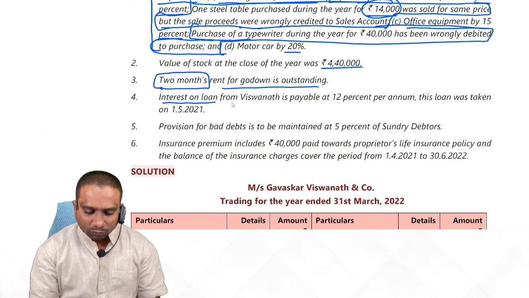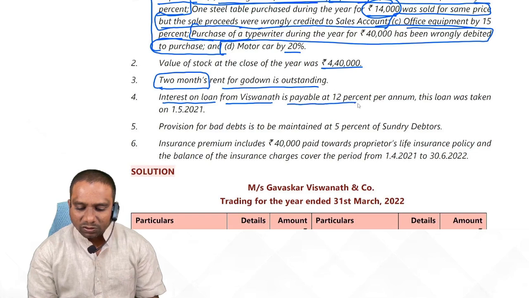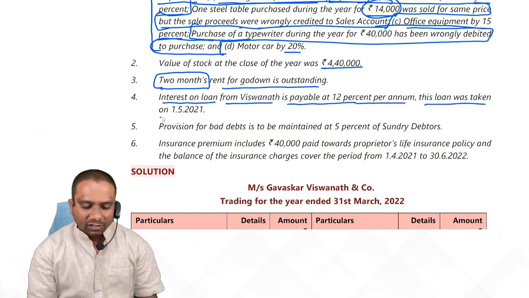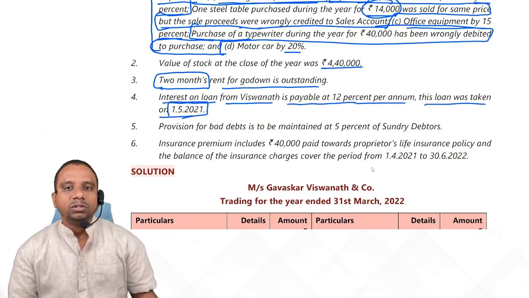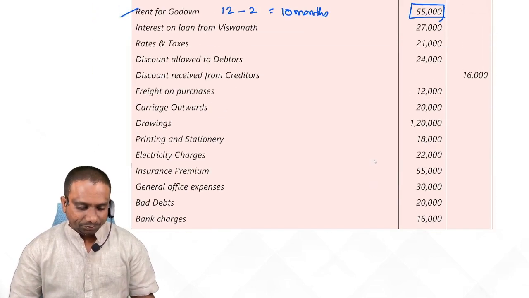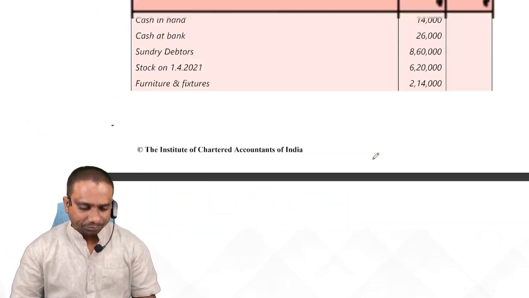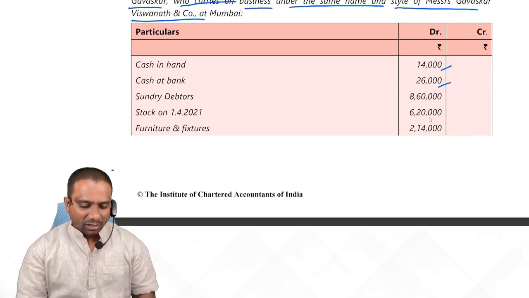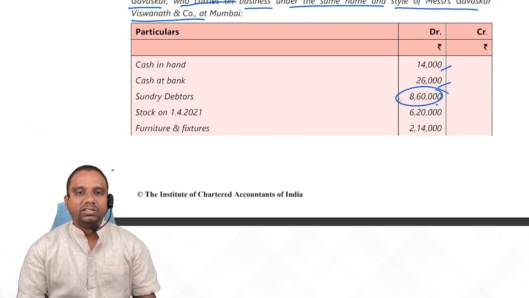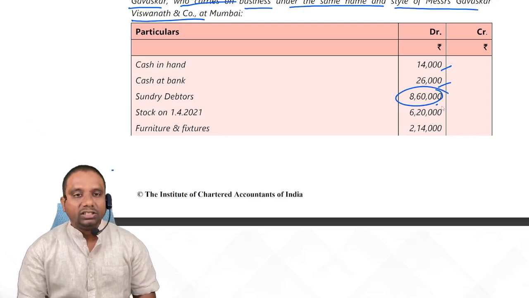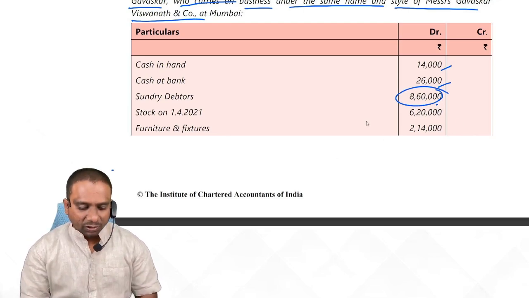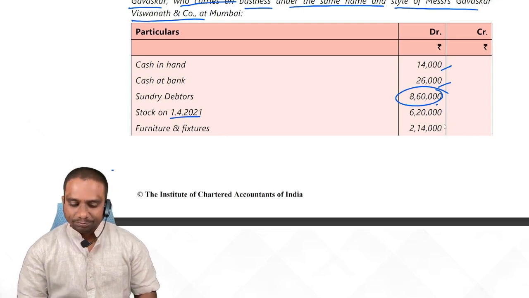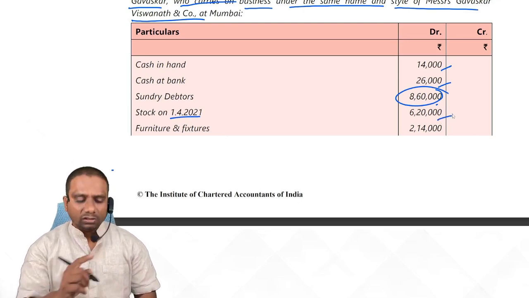Next one. Interest on loan from Vishwanath is payable at 12% per annum. This loan was taken on 1/5/2021. Look at the loan. We come one by one. Cash in hand, asset, cash at bank asset, balance sheet, sundry debtors, 8,60,000 rupees. Now, balance sheet, if you have any provision, deduct. Stock on 1/4/2021, opening stock, trading account debit.